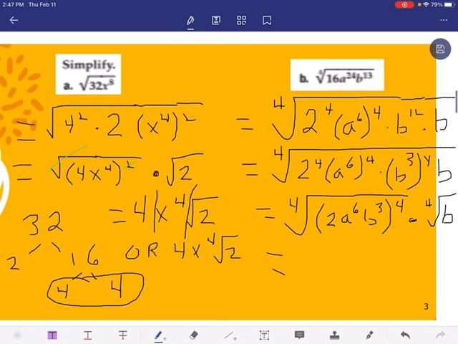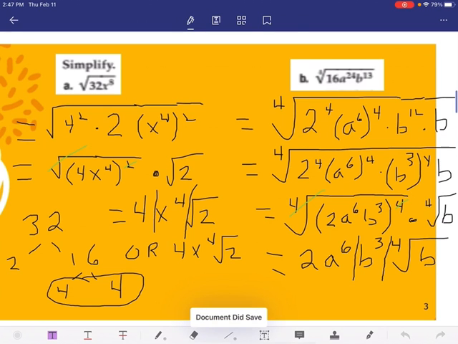And we do that because on our first one, our 4th root and our 4th power will reduce, and we're just left with 2a to the 6th, b to the 3rd, times the 4th root of b. And in this case, notice that my b to the 3rd could be negative, so I'm going to put absolute values around it. And that would be my final answer.